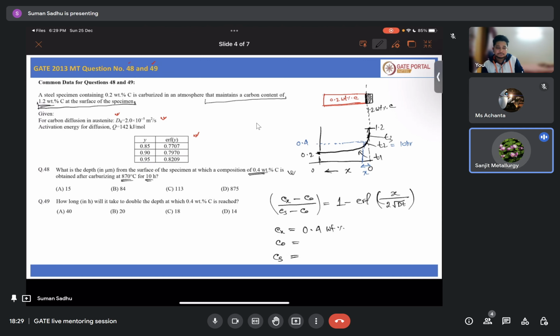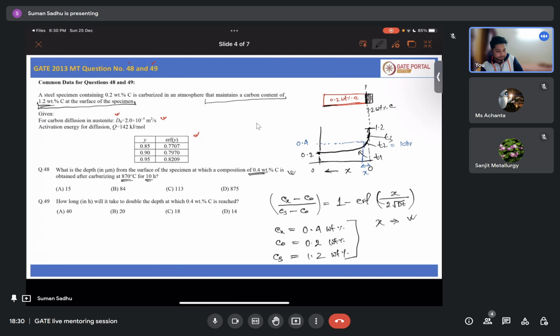Sir, C naught is 0.28% and Cs is 1.2%. Okay. Cs means at the surface, what is the concentration of your carbon, and C naught means at the specimen far from this interface, at this end, what is the composition. So all the data are given. Now we have to find out x.